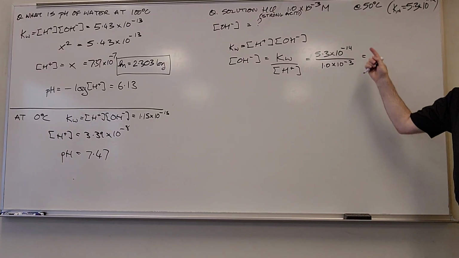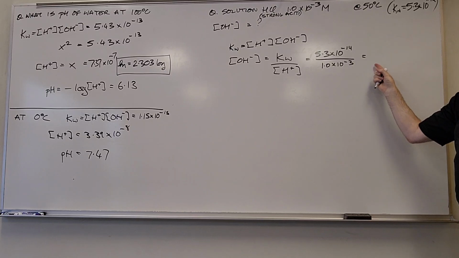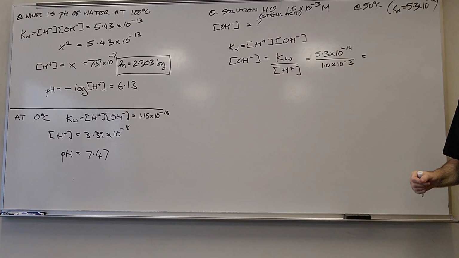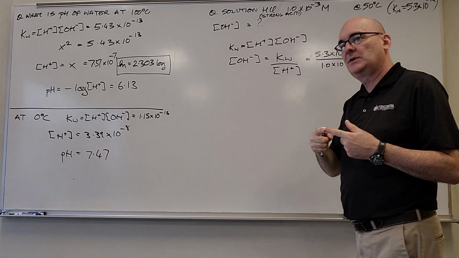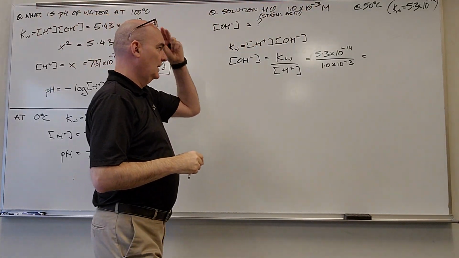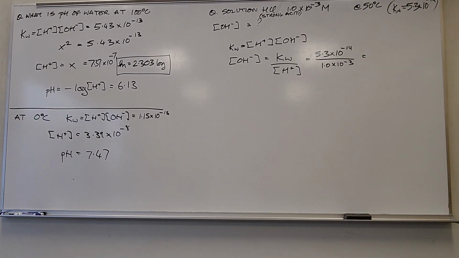When you divide numbers that have exponents, those exponents subtract. When you multiply numbers with exponents, those exponents add. So, negative 14 minus negative 3.